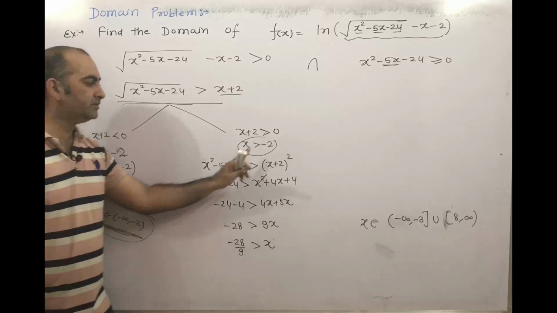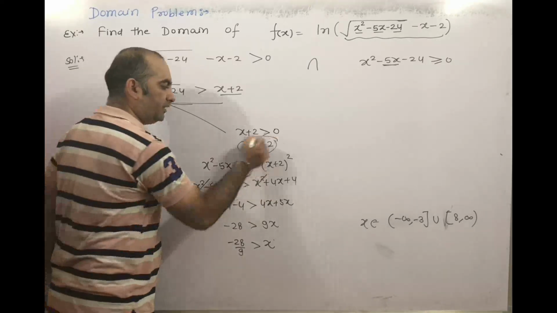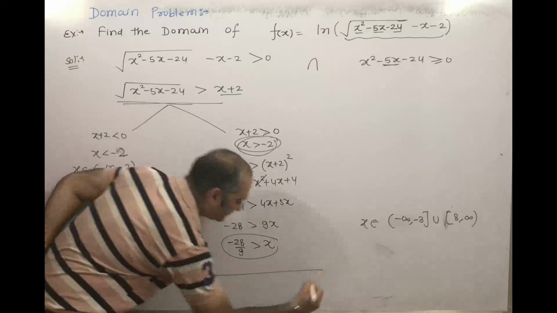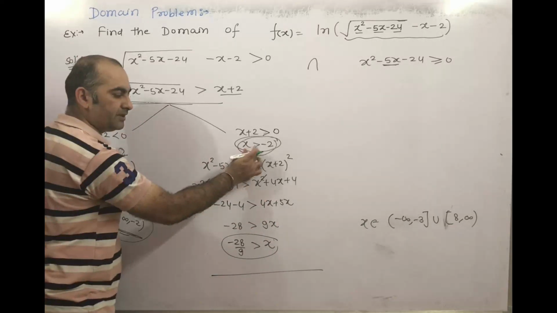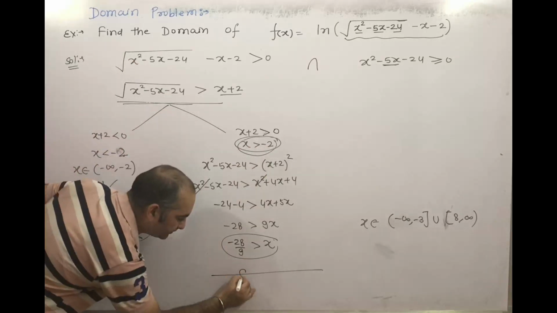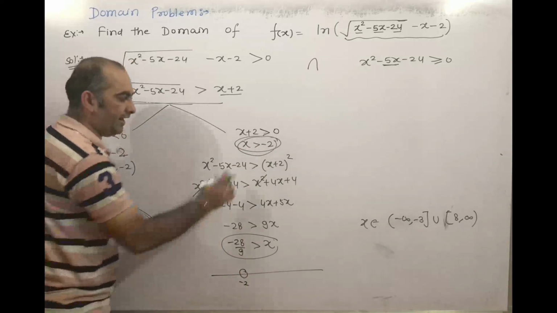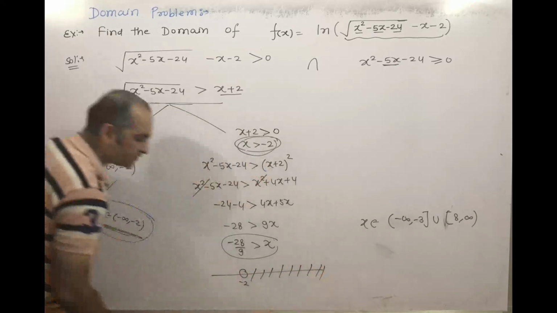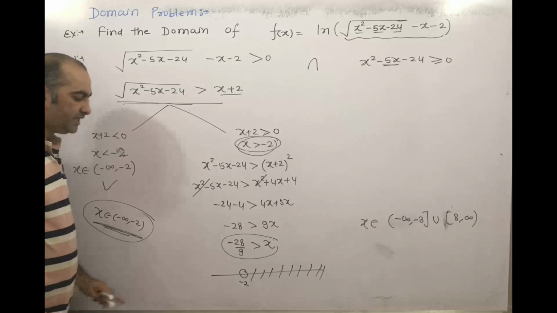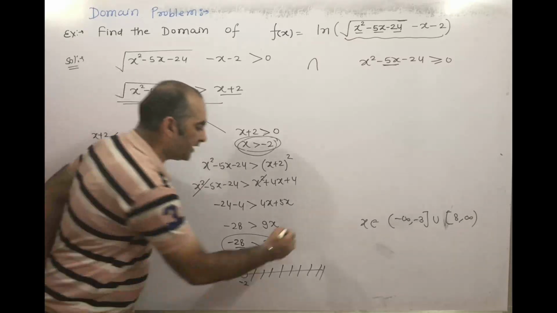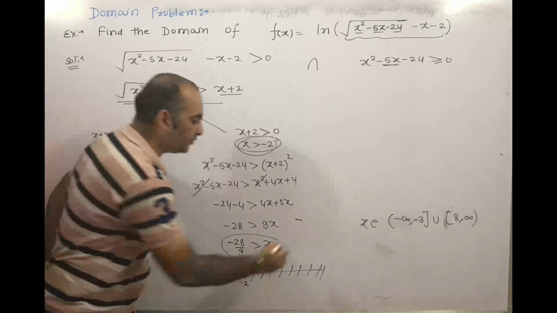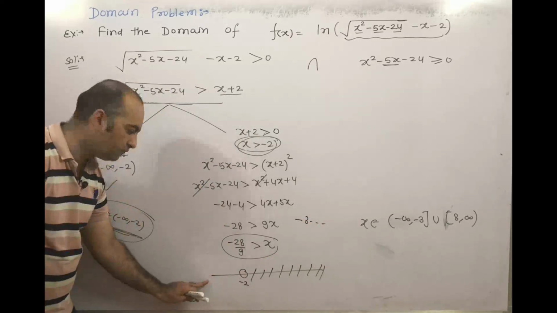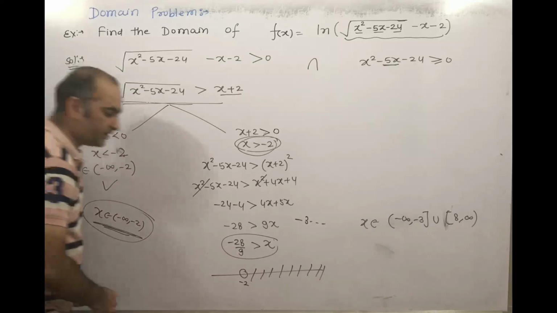But we know that x should be greater than minus 2. So in these two we will take intersection. We will draw a number line. First we will draw x greater than minus 2. This is minus 2 and x should be greater than minus 2, so this portion will come. Next we will draw minus 28 by 9, which is minus 3 point something, that means it will come left hand side of minus 2, because minus 3 is smaller than minus 2.